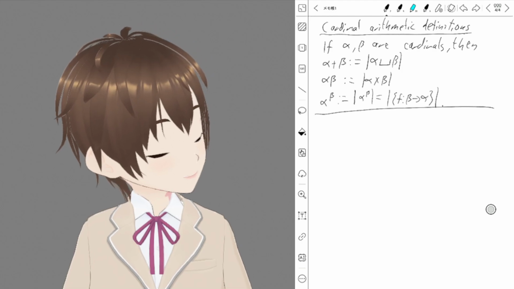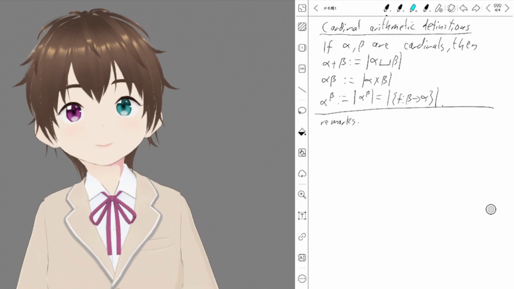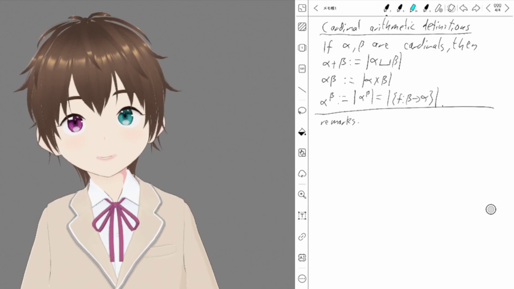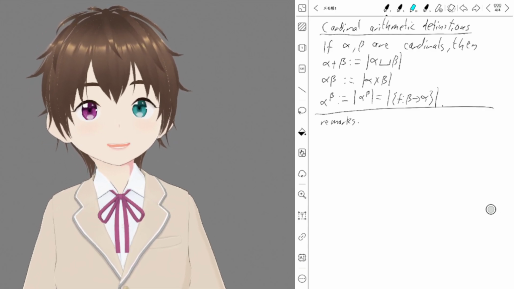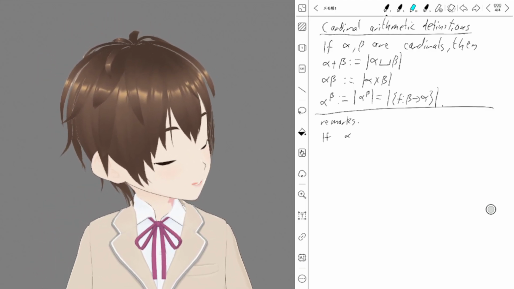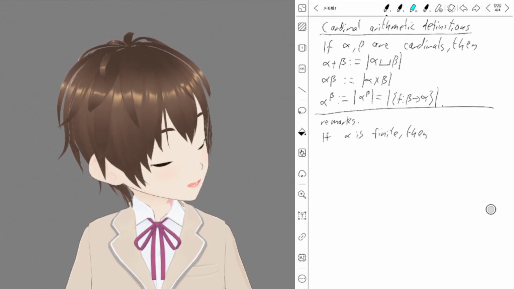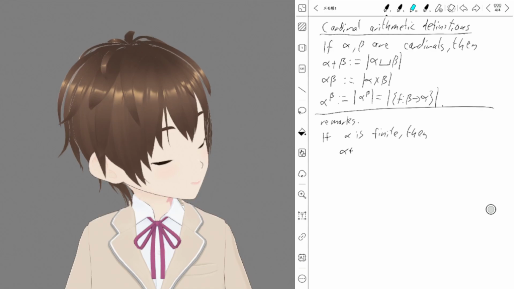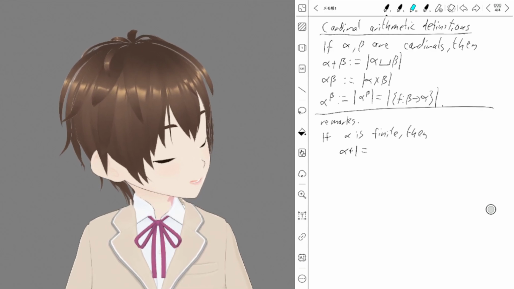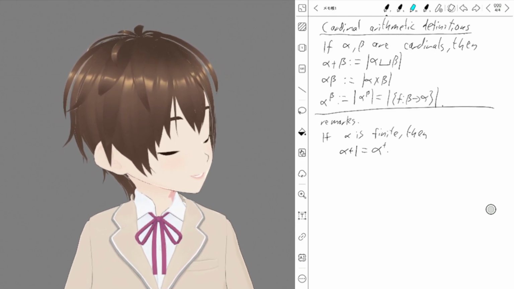Okay, so remarks. With finite cardinals, this works the same as with ordinals, basically, because every finite ordinal is a cardinal. So if alpha is finite, then by the same comment as before, alpha plus 1 is equal to alpha plus 1.